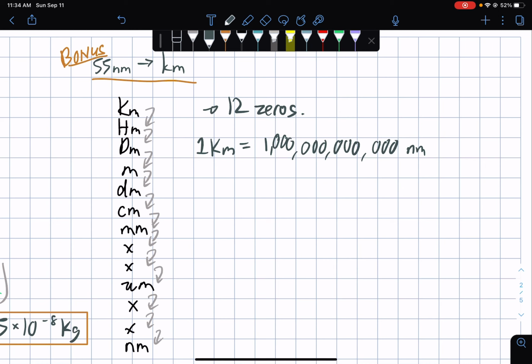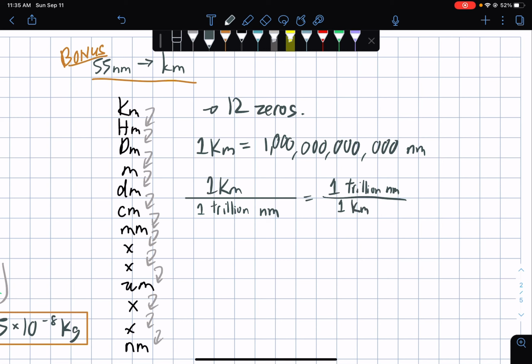All right, 1 km is equal to 1 trillion nm, or 1 trillion nm over 1 km.